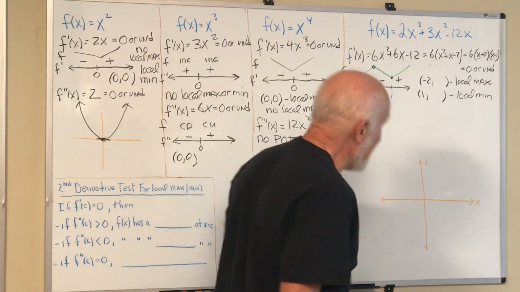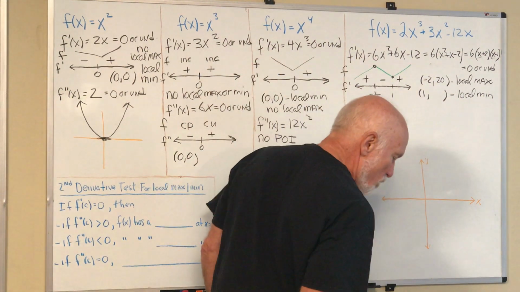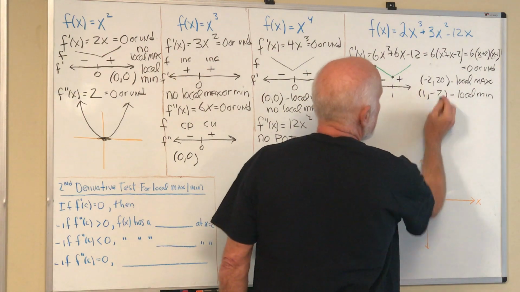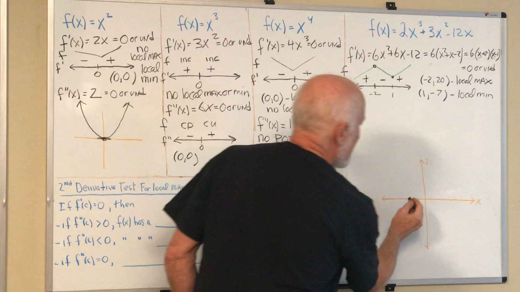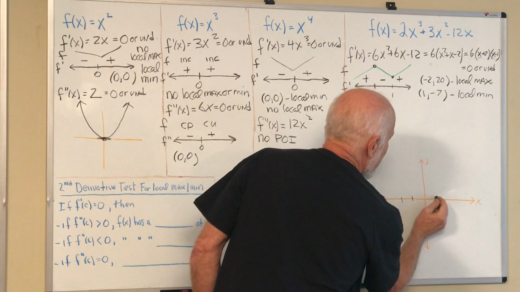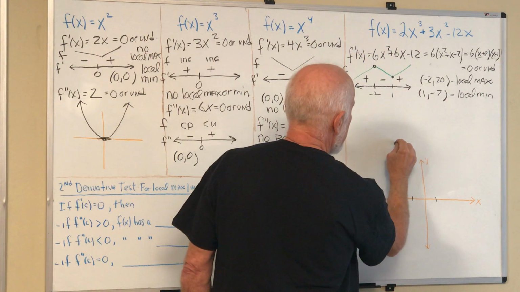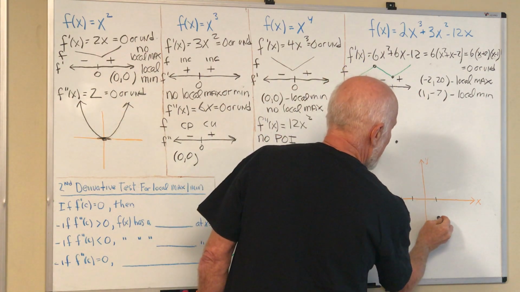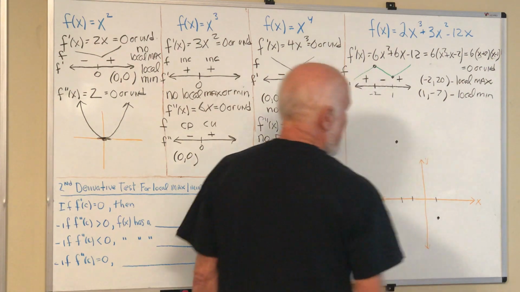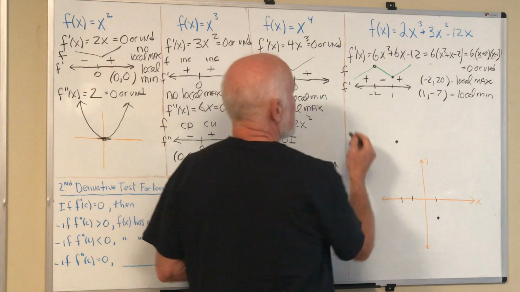So I did it ahead of time and found that -2 gave 20, and 1 gave you -7. So we found 2 important points on the graph. At (-2, 20), and at (1, -7). These don't have to be perfect. Now let's go to the second derivative.